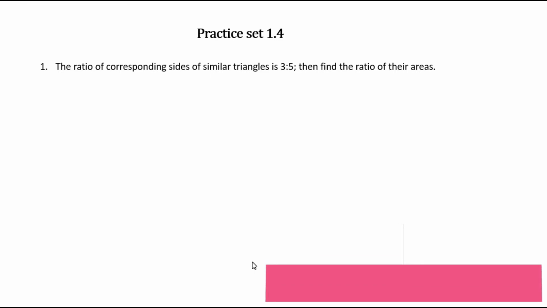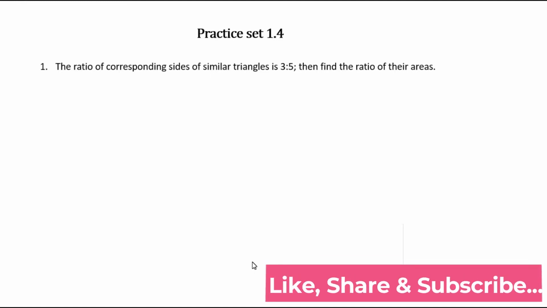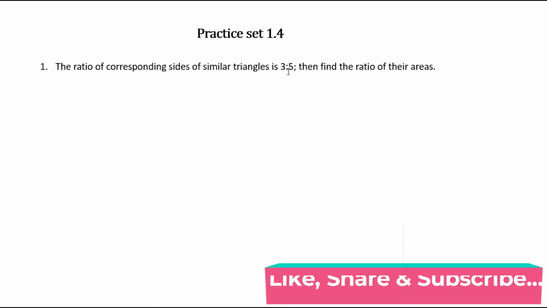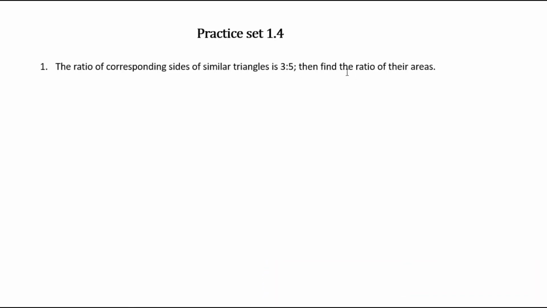So let's start it. The first problem: the ratio of corresponding sides of similar triangles is 3:5. Then find the ratio of their areas. Okay, now we have the ratio of corresponding sides of two similar triangles, that is 3/5, and we have to find the ratio of their areas.